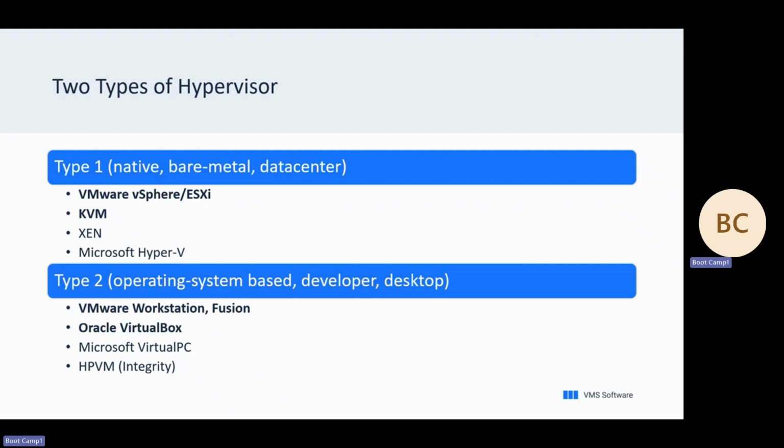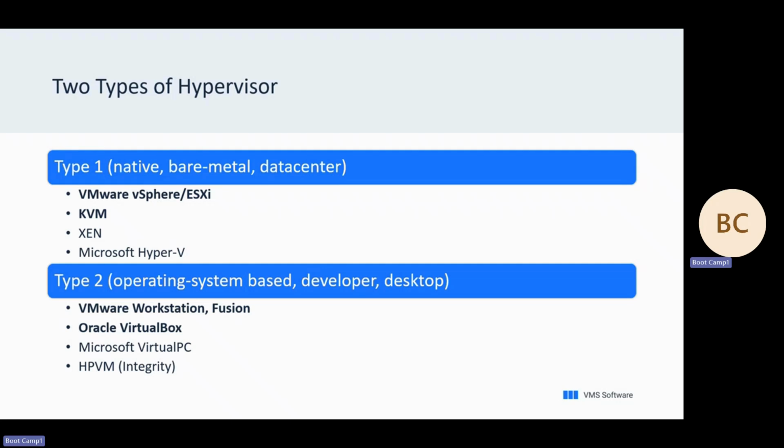Examples of those are VMware vSphere ESXi, KVM, Xen, and Microsoft Hyper-V. And they are hypervisors which run directly on the hardware. In essence, the hypervisor contains a small operating system kernel that's really tailored towards its hypervisor function.